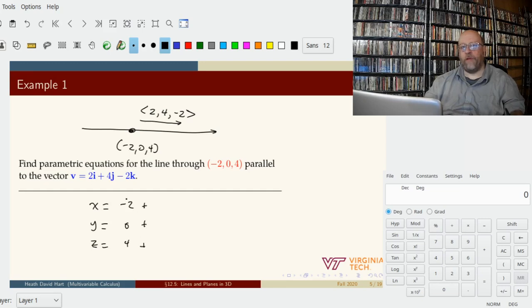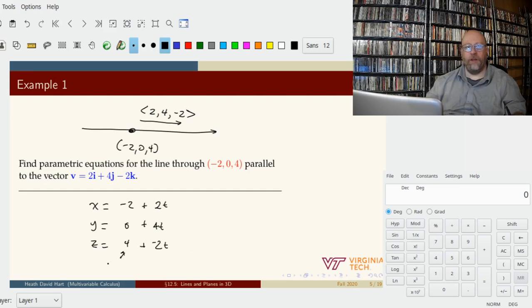Those points stay fixed, but the amount that we add to them changes depending on how far away we want to move from this point. And we can scale these values by t. So 2t and 4t and -2t. That gives us parametric equations for the line.